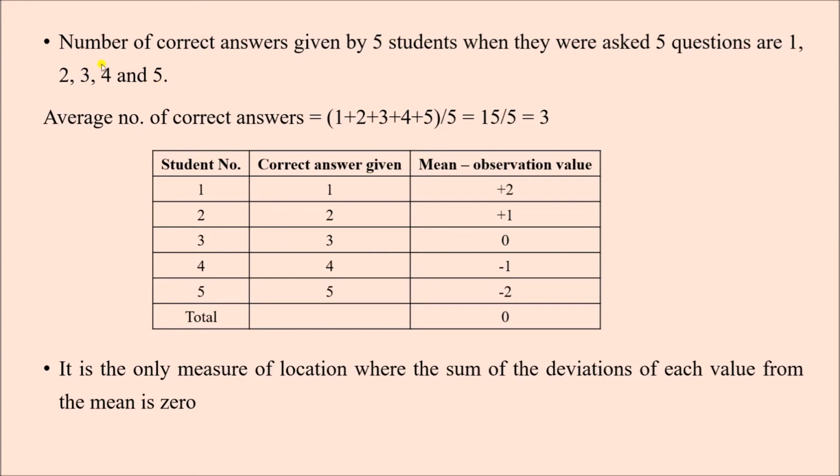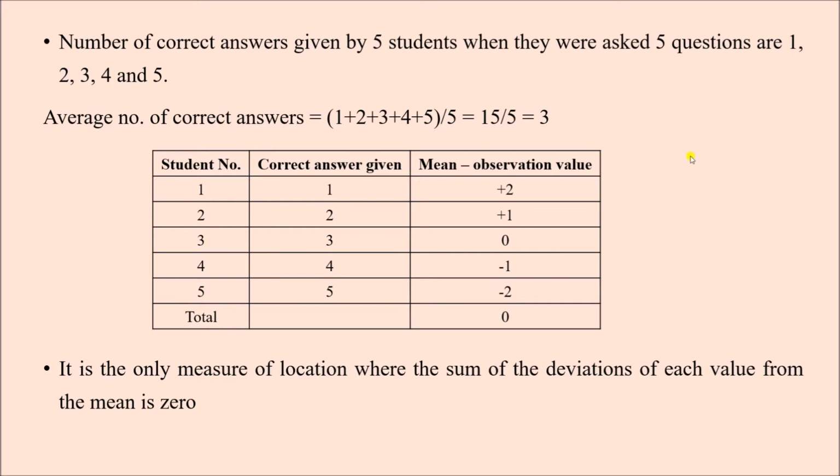Now we can measure the average number of correct answers, or the mean correct answers given by each student. For that we have to add them up. That means the total number of correct answers given by all students. So 1 plus 2 plus 3 plus 4 plus 5 divided by total number of students, which is basically 3. So on an average, each student gave 3 correct answers.